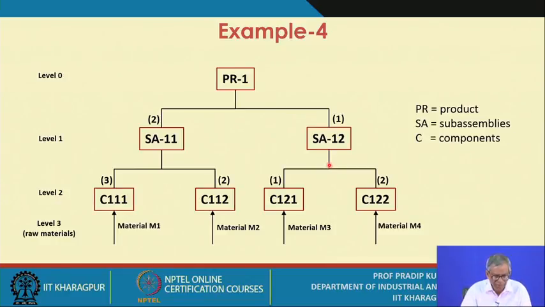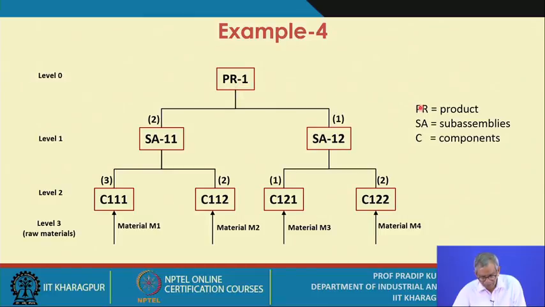So, this is essentially your bill of materials. This bill of material, or the product structure in hierarchy, is given by the design department. As I have already mentioned, this is the end item, the code is PR1, this is level 0. It consists of 2 subassemblies, one is SA11 and the second one is SA12.